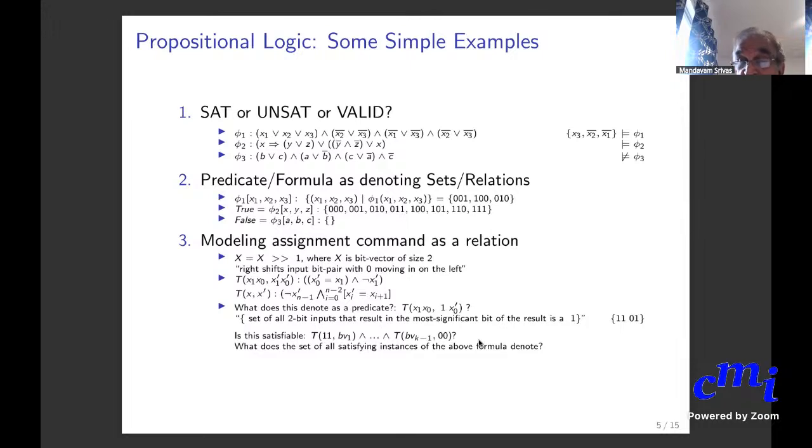In that sense, this would be a trace. It would be modeling the set of all traces of executing this assignment statement in a loop. That's the key takeaway of this.